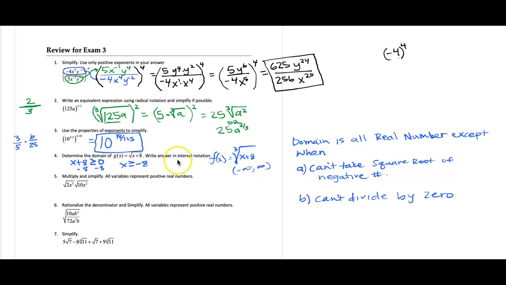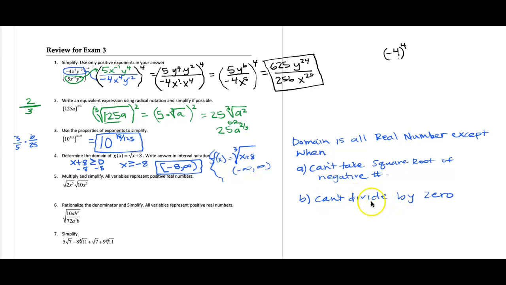And then we need to write our answer in interval notation. And so this is saying everything bigger and equal to negative 8. So I'll have a bracket, negative 8, and then everything bigger than it is everything going to positive infinity. So that would be our answer on that. And this was a different one. If it said a cubed root, it would be all real numbers.